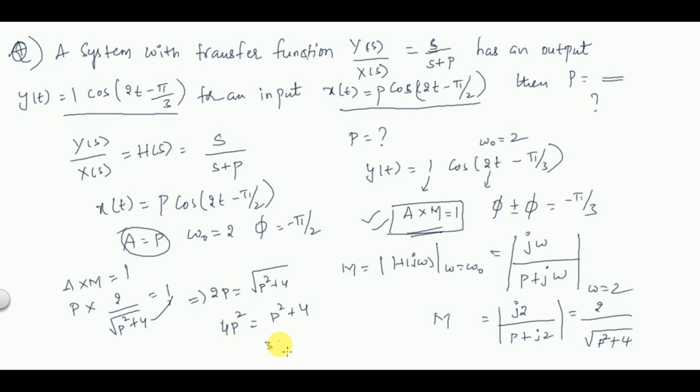So it is 3p square equal to 4, so p square is equal to 4 by 3, which implies p is equal to 2 by root 3. Okay, so this is the answer, and this is how we can solve these types of questions. Any input given in sinusoidal or cosinusoidal form, you can solve using this simple concept. If the input is sine or cosine, the output is also sine or cosine, only changes with respect to amplitude and phase.